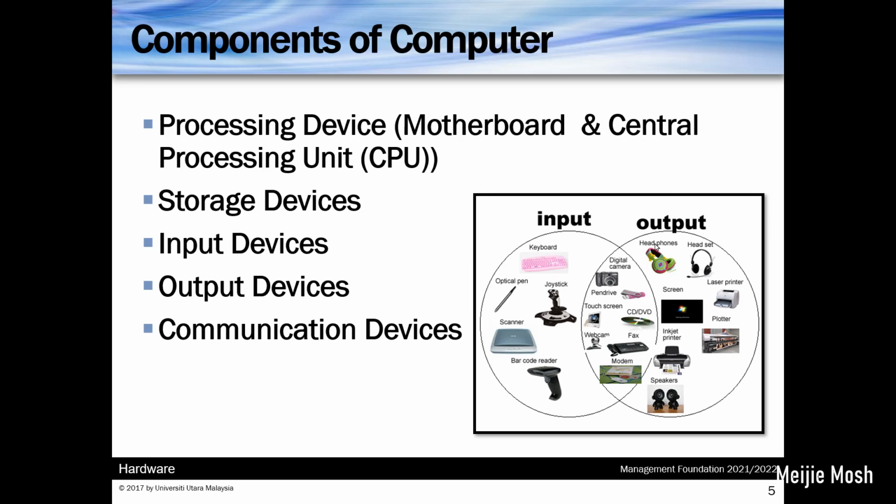Secondary memory refers to any external storage media where information can be stored long term. The most common examples of secondary memory devices are the hard disk drive and USB flash drive.